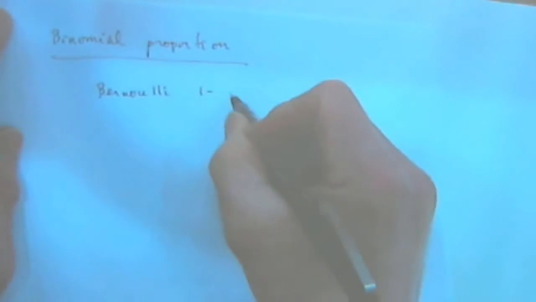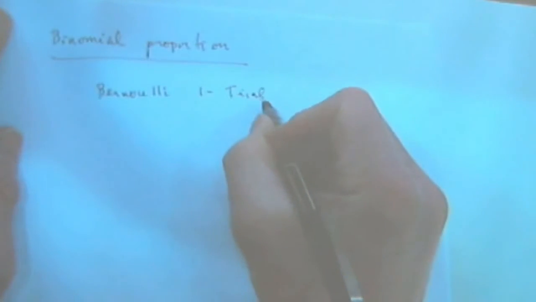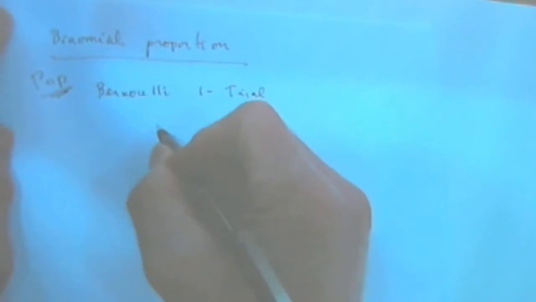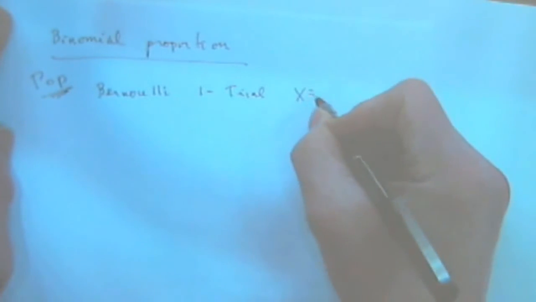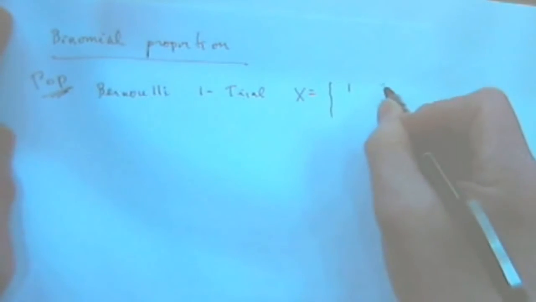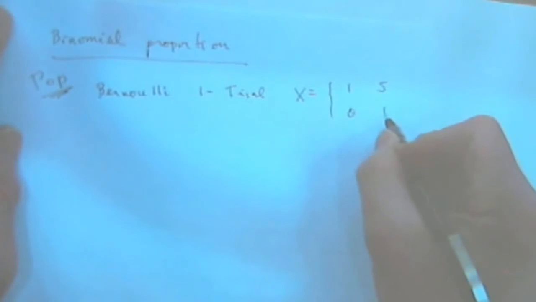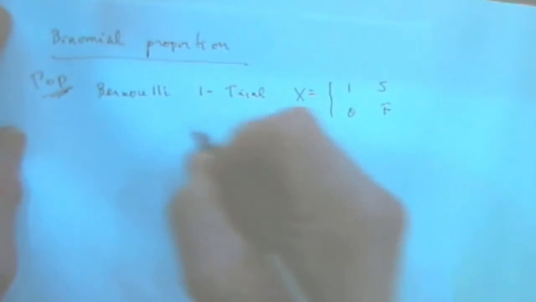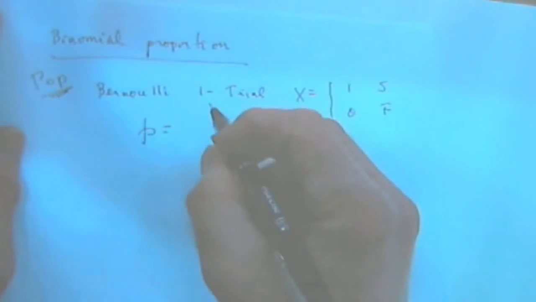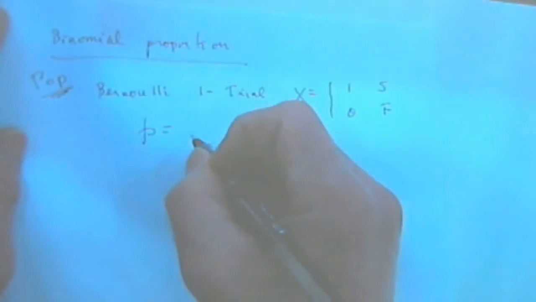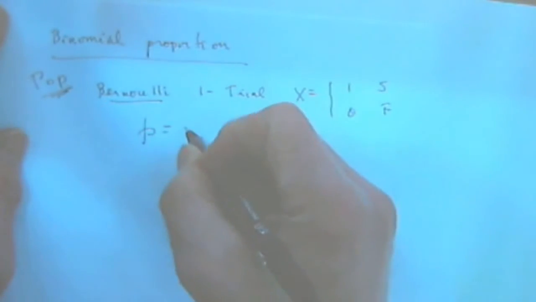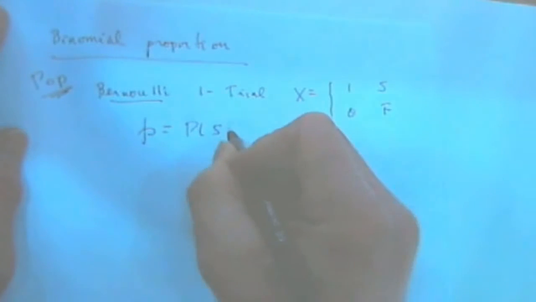You just want to think about it as one trial. This is the population. It's 1 if it's a success, 0 if it's a failure. And the probability of success is the binomial proportion, p.